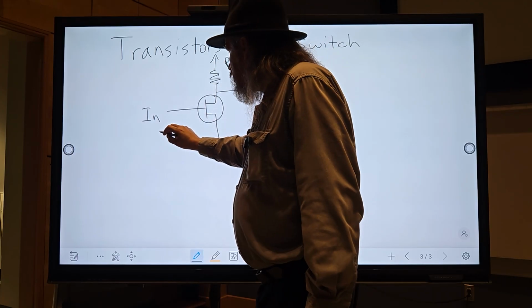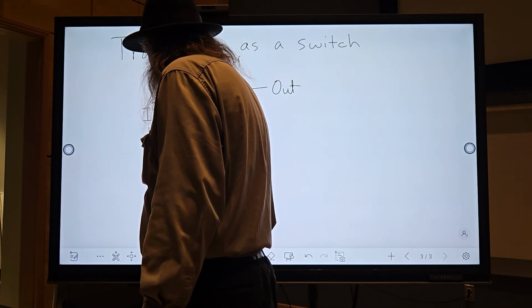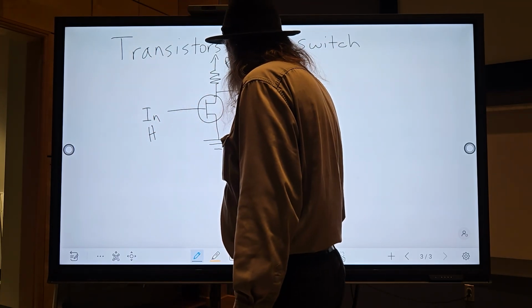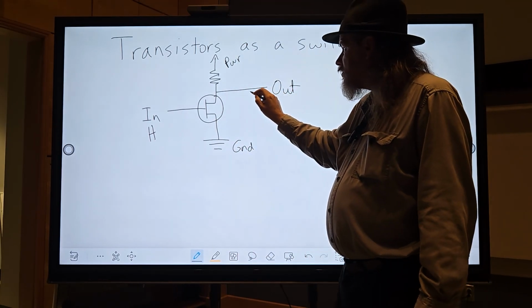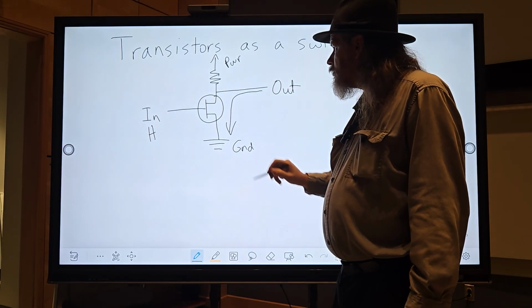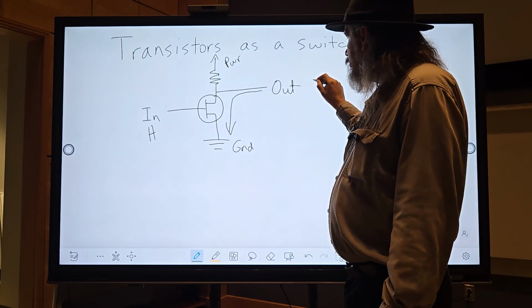So a high level here will short the output to ground, making the output low.